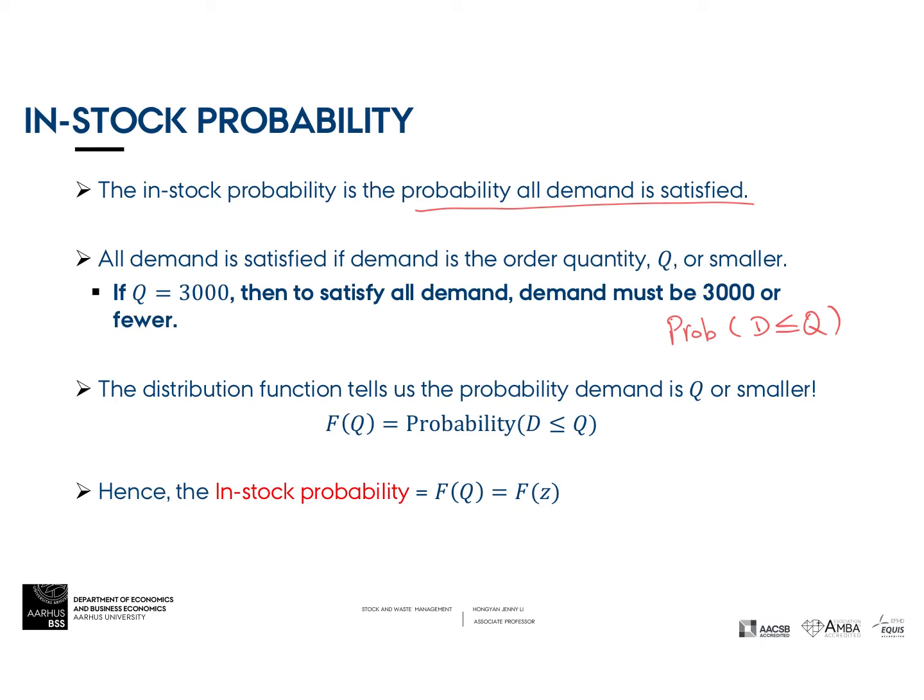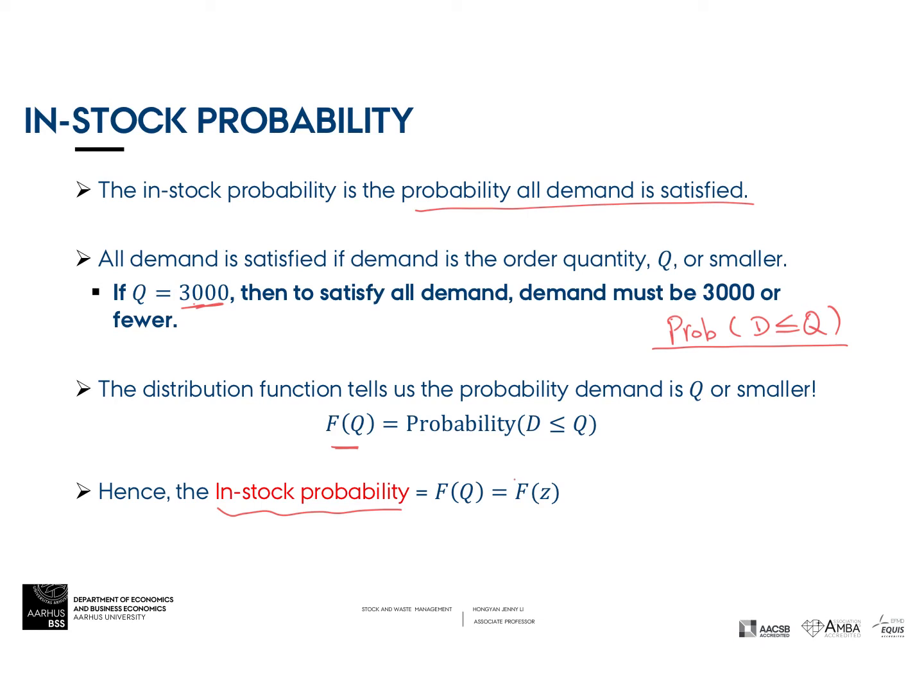But the problem is this probability may not be 1, so there is always a possibility that you cannot satisfy all the demand. So if Q equals 3000, then to satisfy all demand, demand must be 3000 or fewer, or we say lower. Then we just use F(Q) to do the calculation. Then F(Q) is called the in-stock probability.